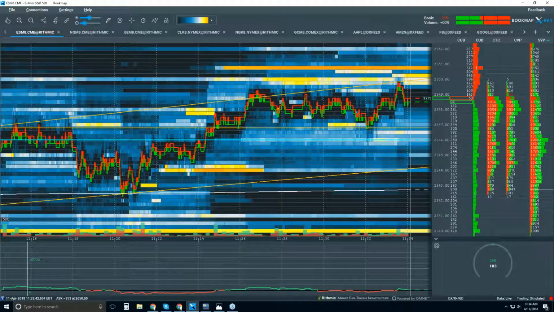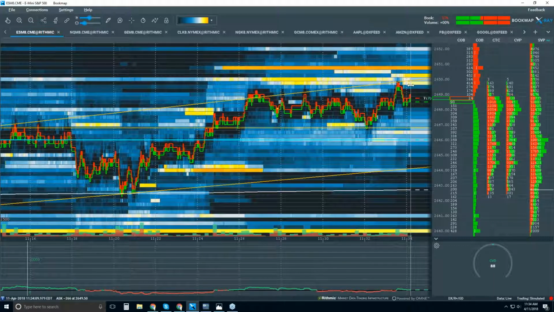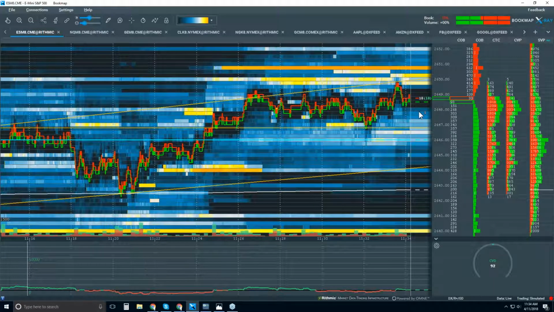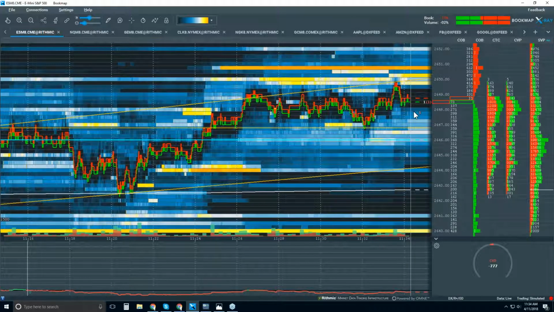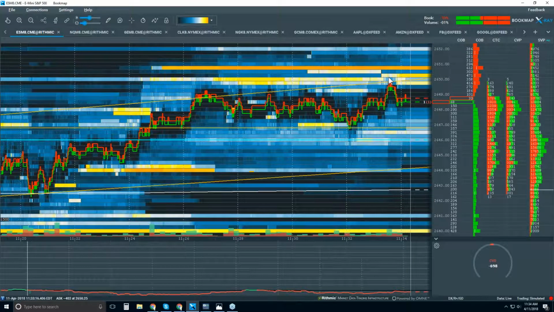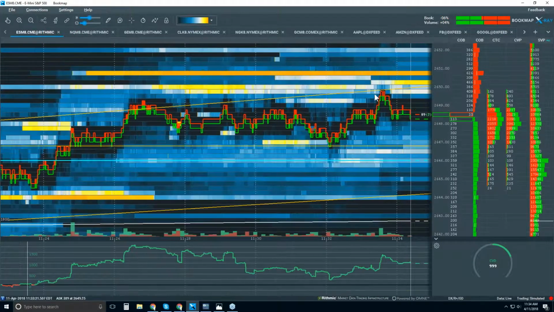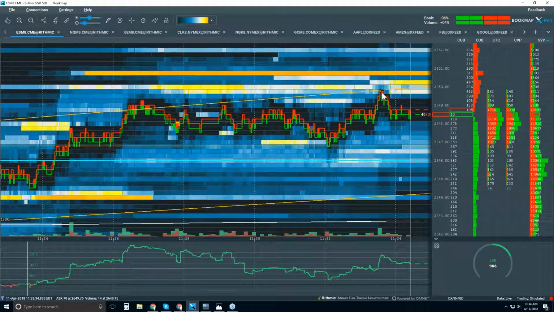So 50 is obviously a key level, these round figures. Looking for 50 to trade, looking for another skew in this book, because they're pulling, right? So the buyers are still shying away from this area here.